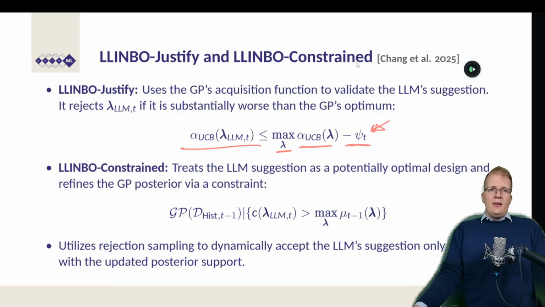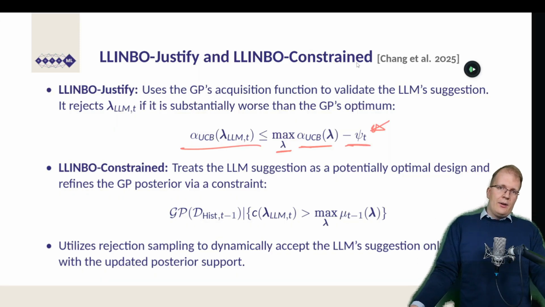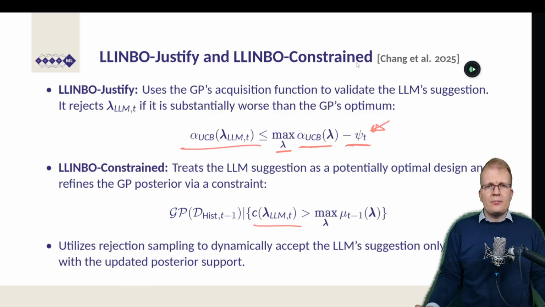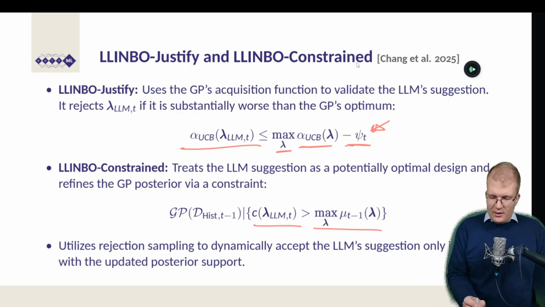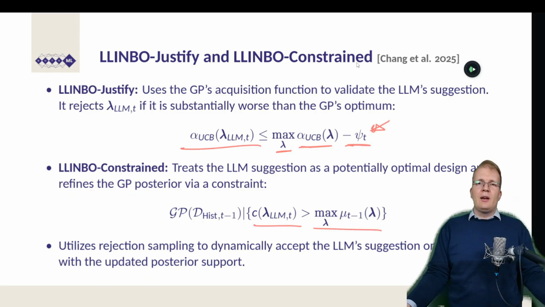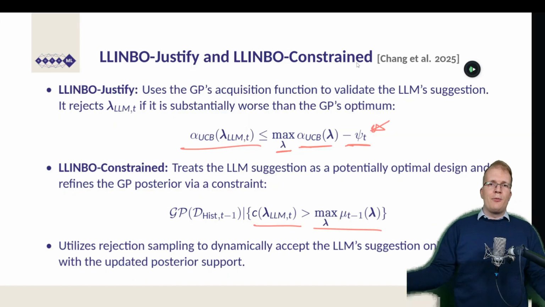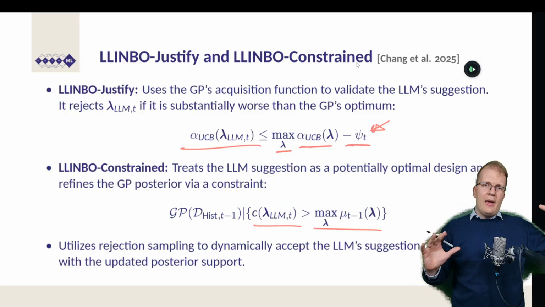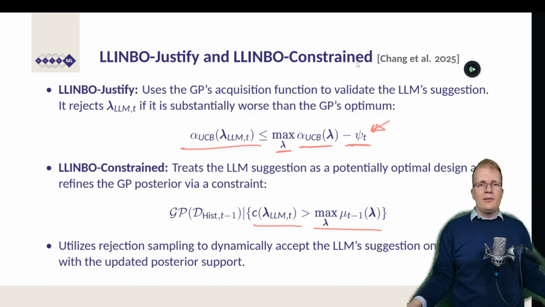The other idea is the constraint variant, where we treat the LLM suggestion as a potential optimal design and refine the GP posterior via a constraint. So we're saying there's a constraint that the cost of the configuration proposed by the LLM has to be better than the best one we can observe from our previous GP. We treat this as an optimum and modify the GP based on that.